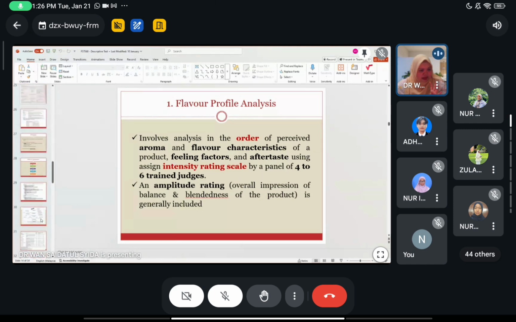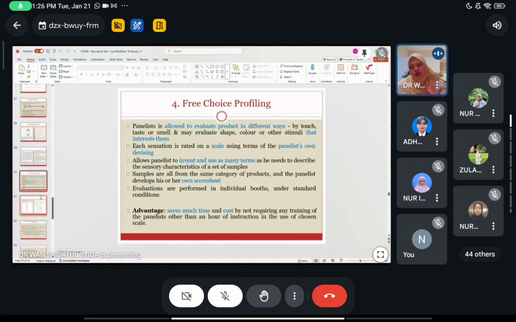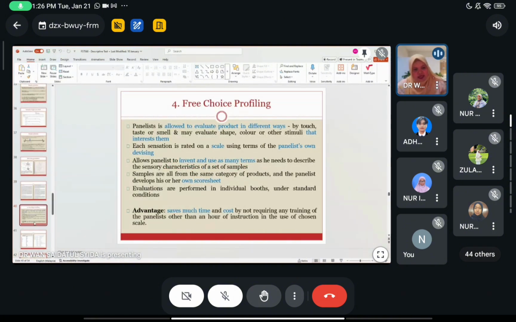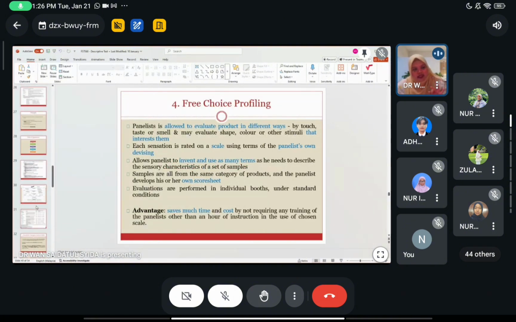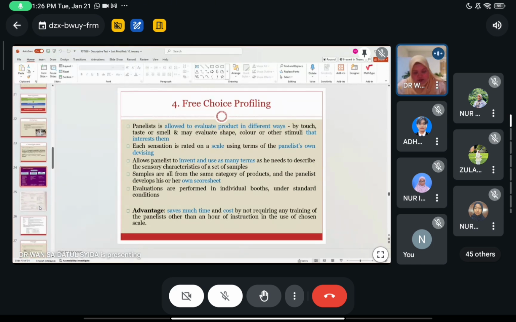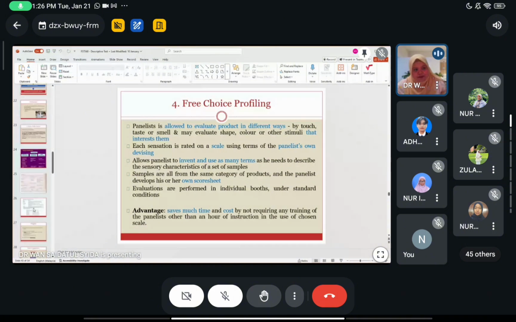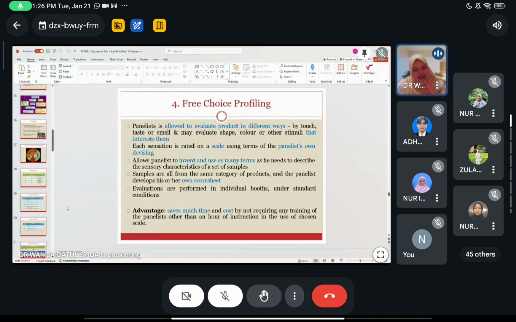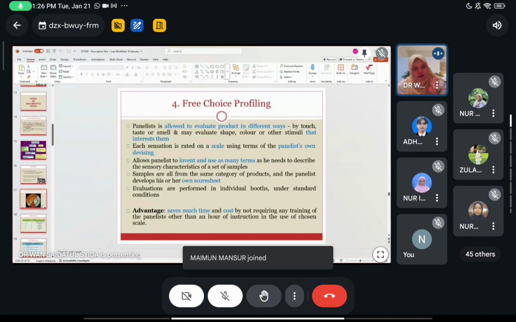Wait, ada satu lagi method. You don't have to focus on free choice profiling. So focus on three methods: the flavor profile, the texture profile, and also the QDA. This one will be excluded.